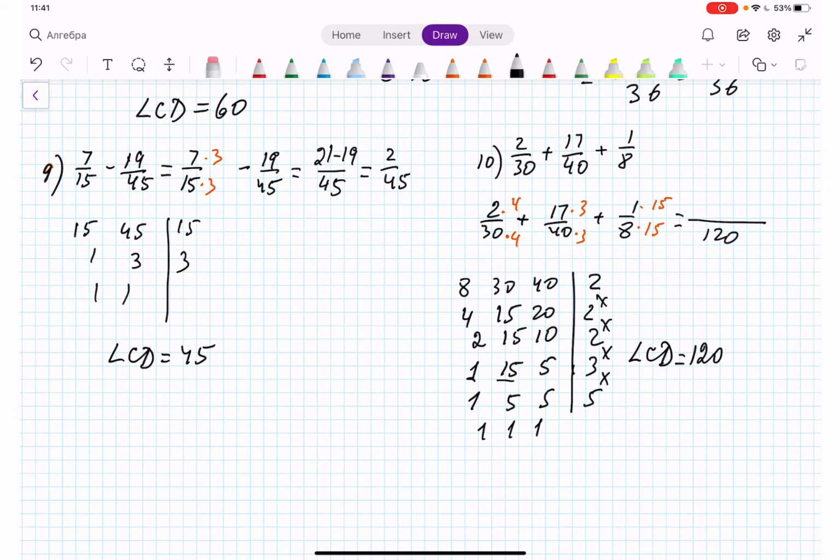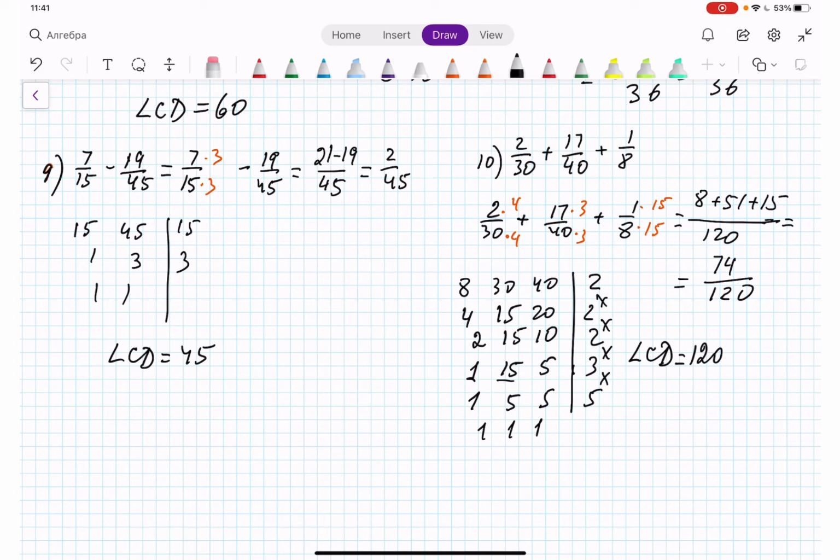So the answer is going to be 8 plus 51 plus 15 over 120. So 8 plus 51 is 59, and plus 15, it's going to be 74. So we are getting 74 over 120.